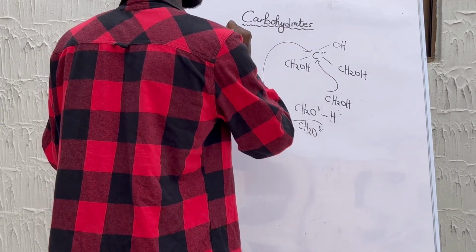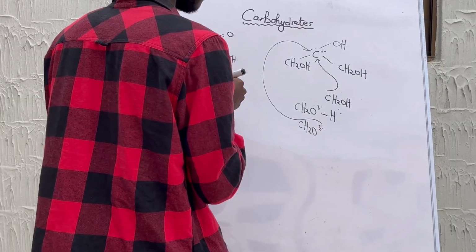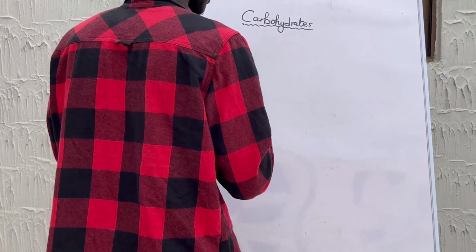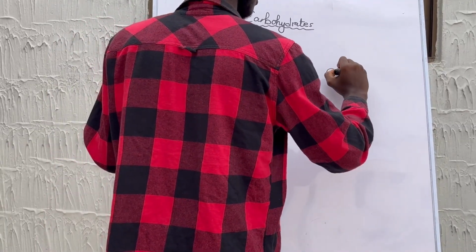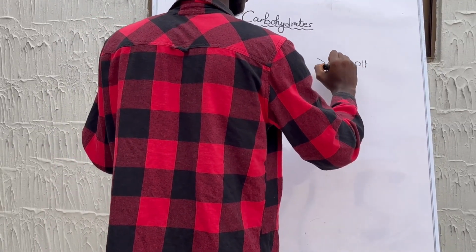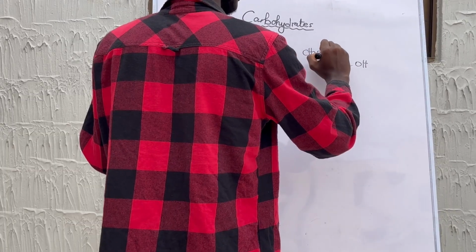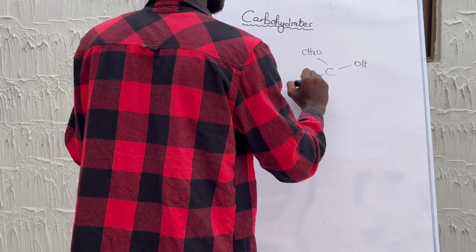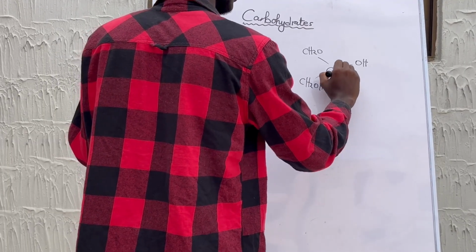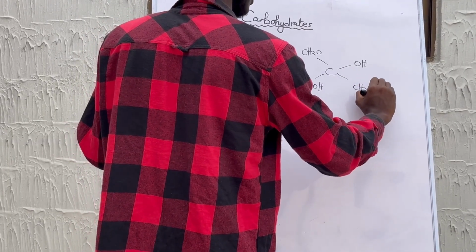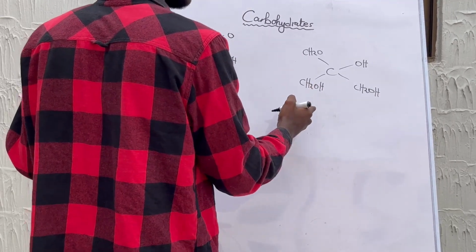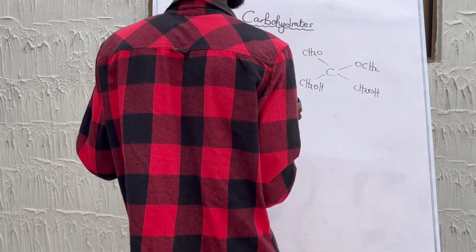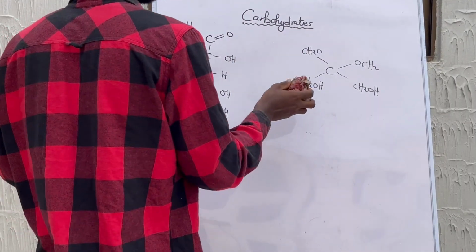So eventually, this is what I want you to know: we are going to have a carbon, an OH group, CH2OH, or CH2O, and here we have our CH2OH, which was there already, and also our CH2OH. If you should have another CH2OH attacking, you are going to have this hydrogen going and being replaced with CH2. So that's how it works. That's all about the hemiacetal mechanism.